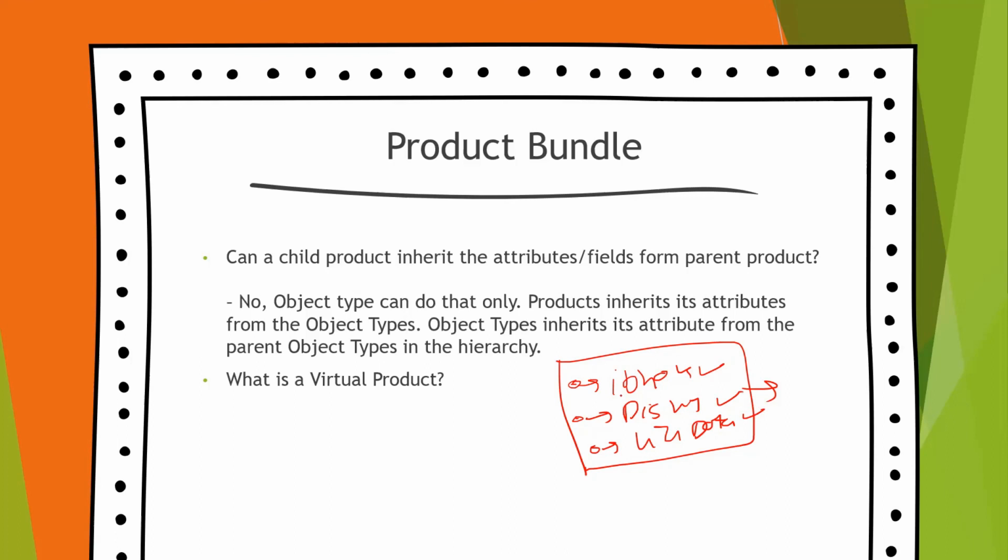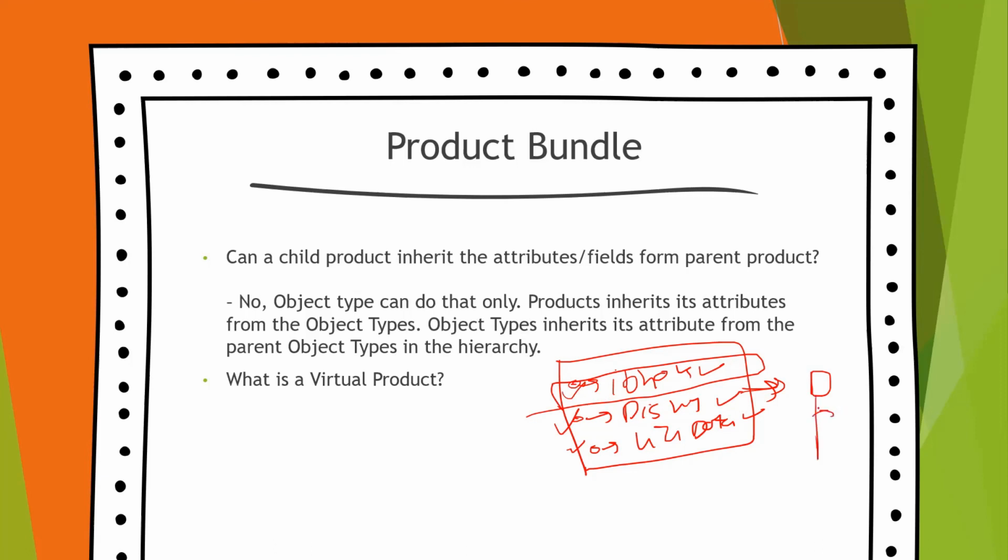But the user only selected our primary product, which is the iPhone, and didn't select anything in the Disney and the 4G, and went to the cart. We will discuss this when we discuss object management and CPQ. But here just understand, whenever we add such functionality where in the bundle they only selected a couple of products and didn't select the other ones, for that we need to create virtual products.